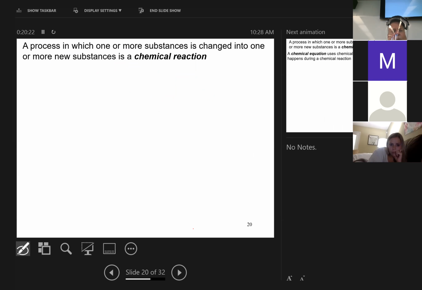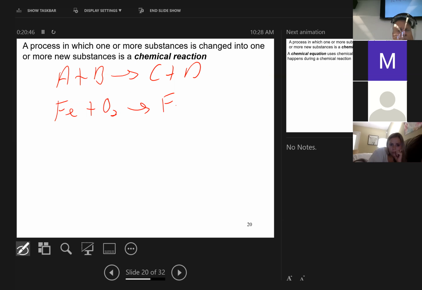Now, a process in which one or more substances is changed into one or more other substances is called a chemical reaction. So essentially you have A plus B goes to C plus D, okay? Or let's keep it very simple: iron plus oxygen goes to iron oxide.